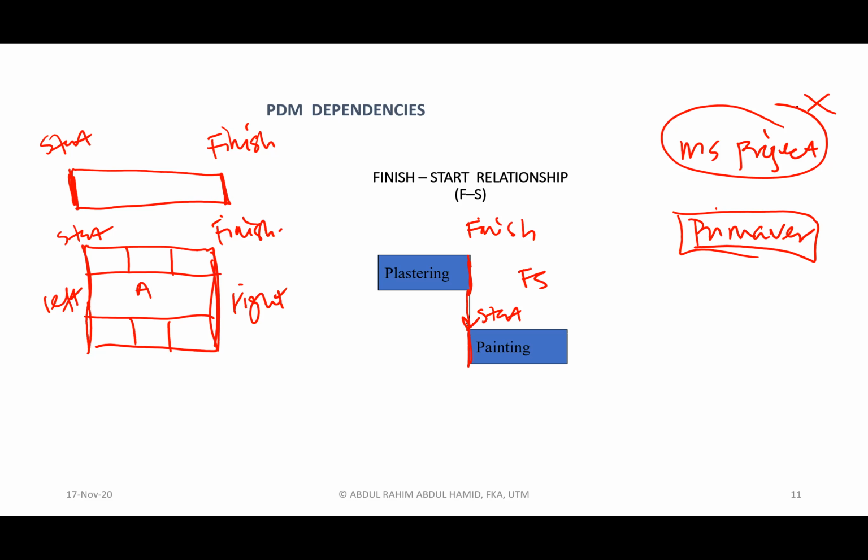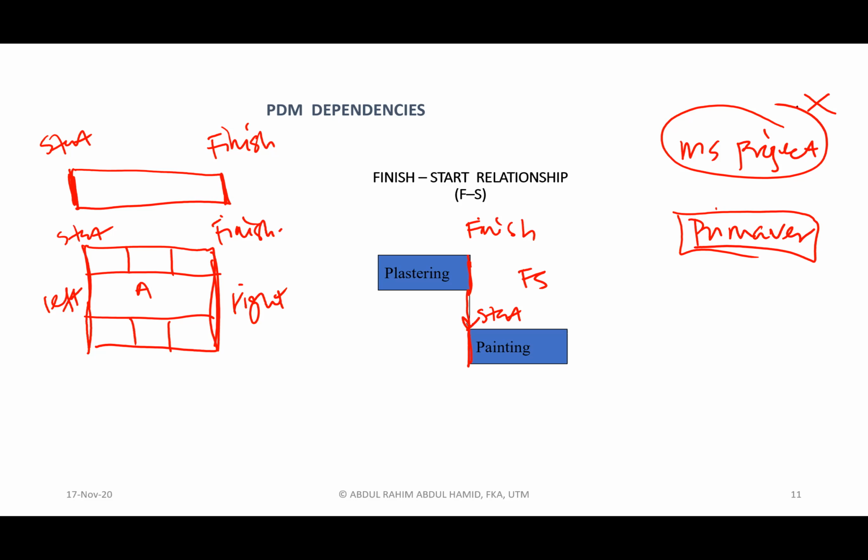Microsoft Project, for the current version that we have until 2019, still draws the network diagram based entirely on finish to start relationship drawing.